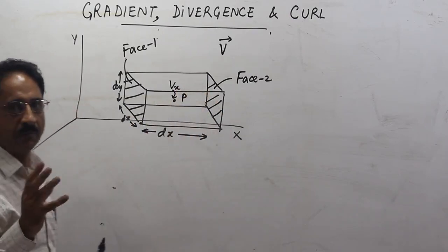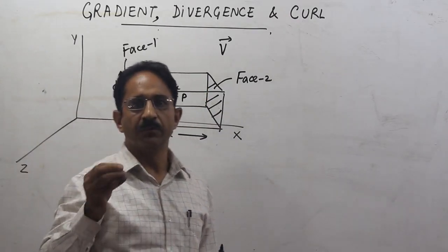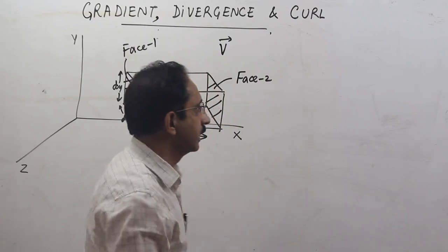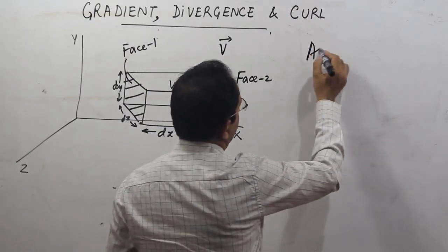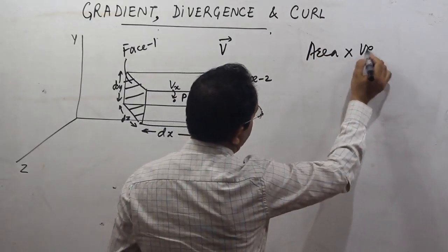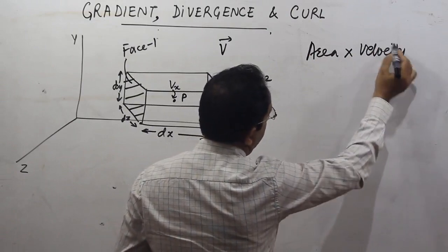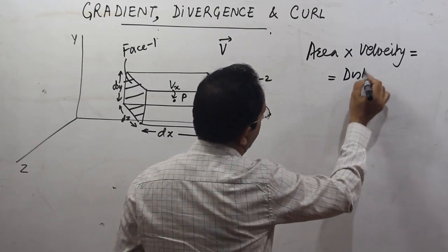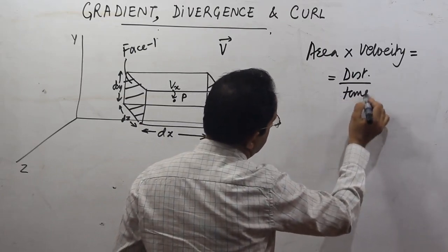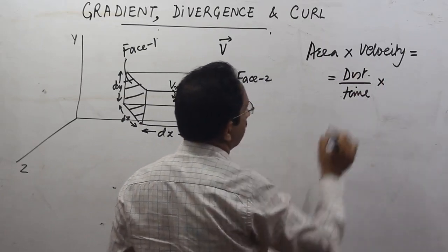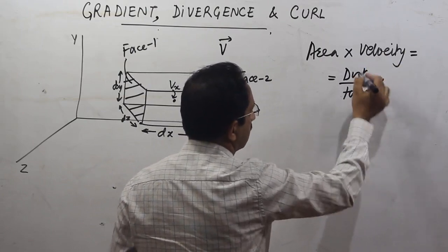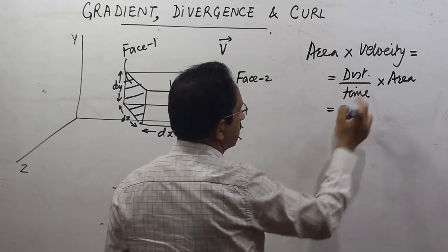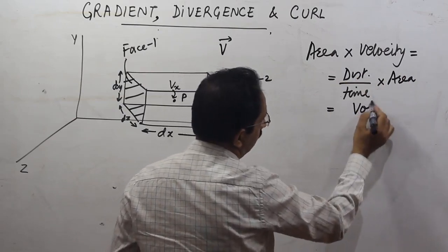Now we think of the volume flowing through a certain face per second as something like this. जब आप area को velocity से multiply करते हो, velocity is distance covered per unit time, multiplied by area. So area multiplied by distance would be volume.